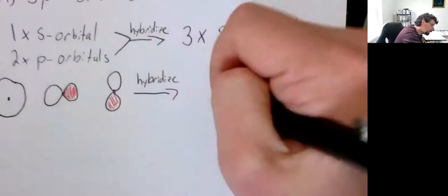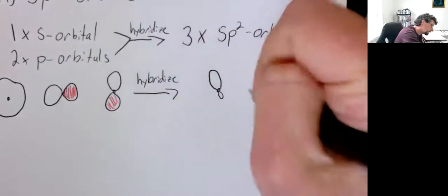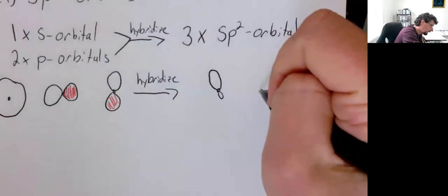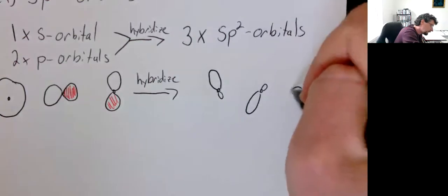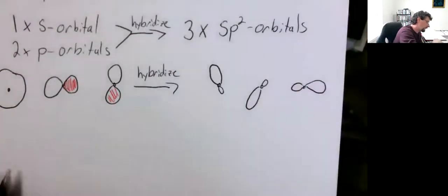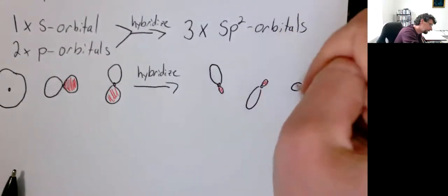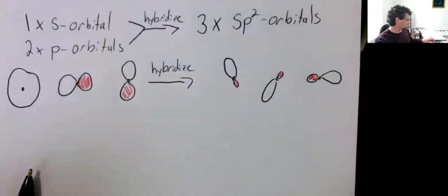And what ends up happening is we get three orbitals. One like that. One at this angle. One at that angle. And we'll color those parts in. Okay, so we have these three new orbitals.